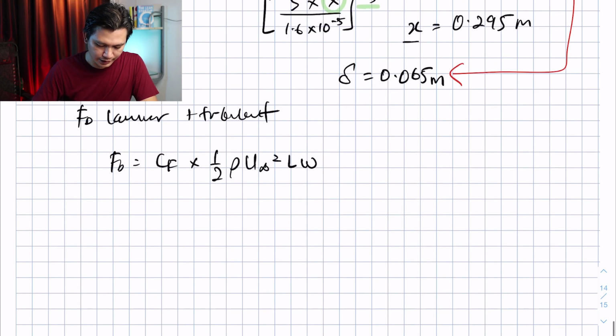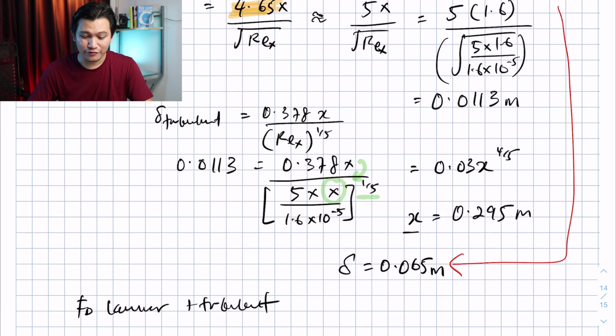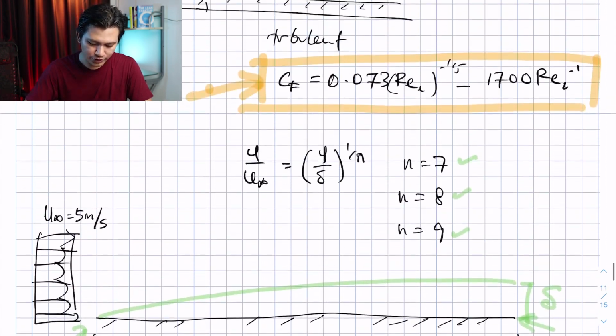This term is very similar to case A, but the only difference is your CF. Now that we have a very prominent laminar and turbulent region, the suitable CF is this equation.